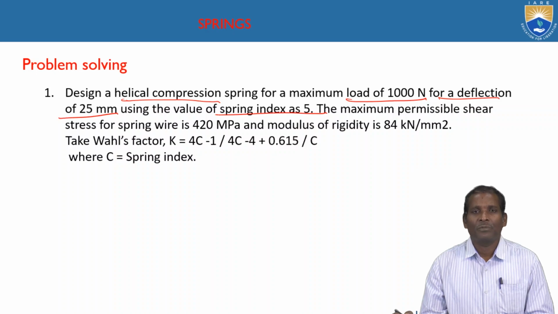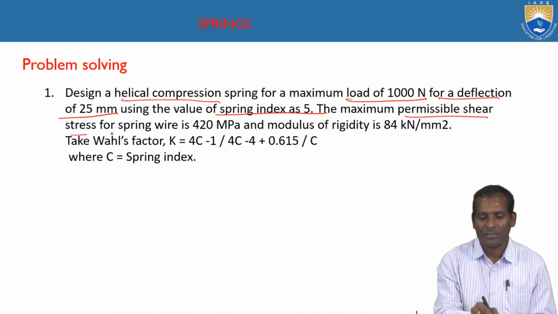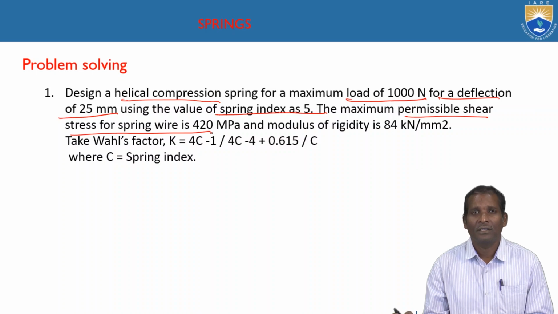The maximum permissible shear stress for the spring wire is 420 megapascal. It means the spring withstands a shear stress value of 420 megapascal. So the given type of stress is permissible stress, not ultimate shear stress and not maximum shear stress, so here there is no need to take a factor of safety value.